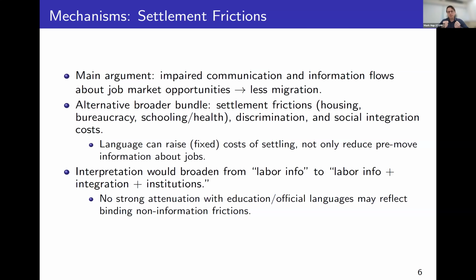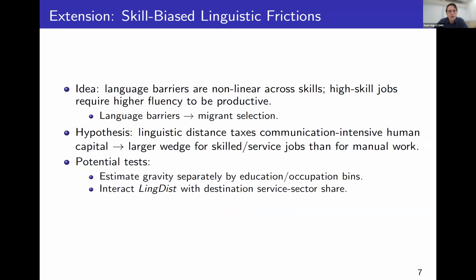That would broaden the interpretation from mainly labor information to labor info and integration and institutions. And maybe that's also consistent with the fact that they find no strong attenuation with education or official languages, because there could be these binding non-information frictions that relate to the linguistic border. So maybe discrimination plays a role as well, outgroup language-based discrimination.